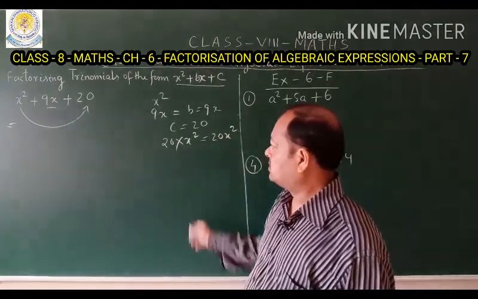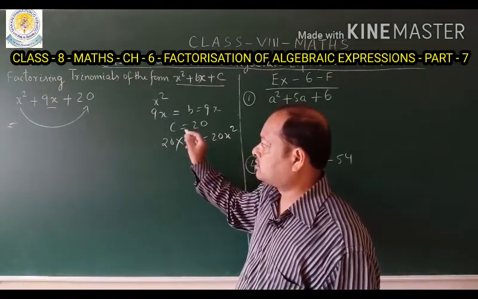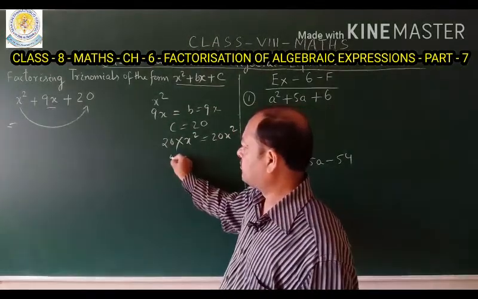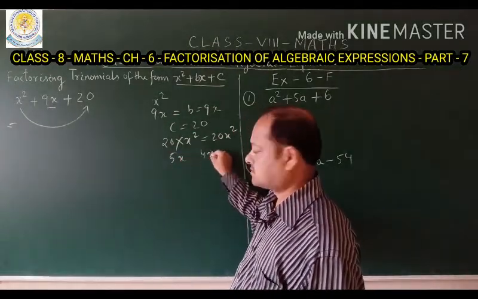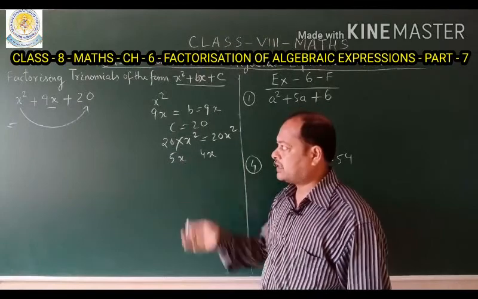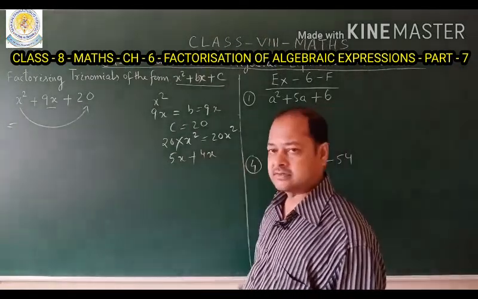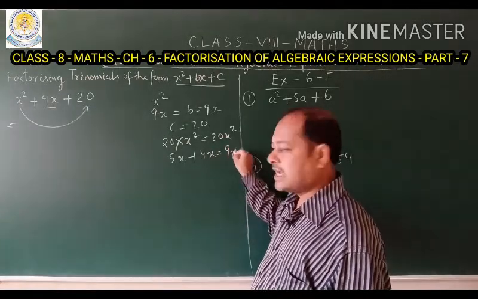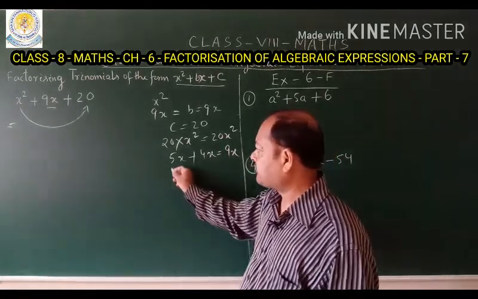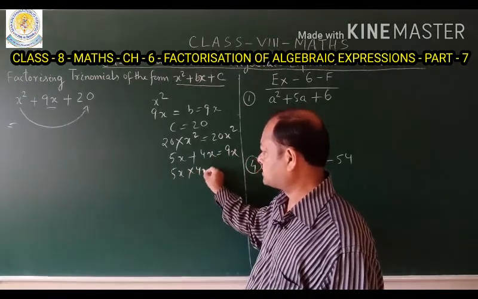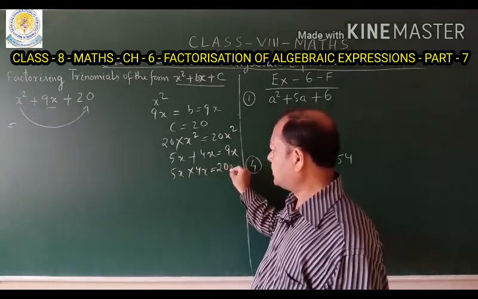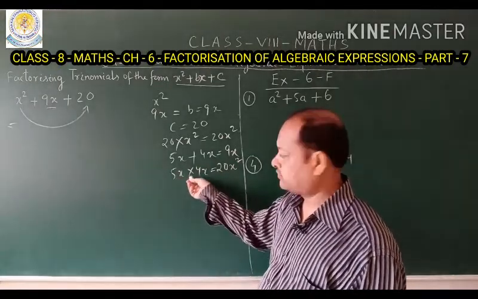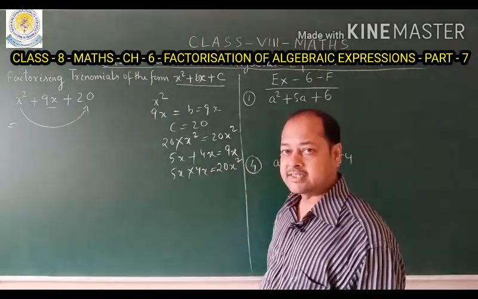Now we have to split 9x into two terms. Suppose we take 5x and 4x. If I add 5x plus 4x, I get 9x, and if I multiply 5x into 4x, I get 20x square.